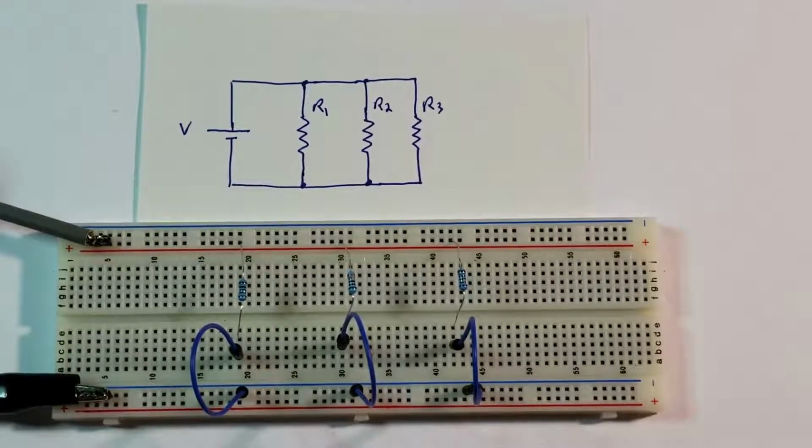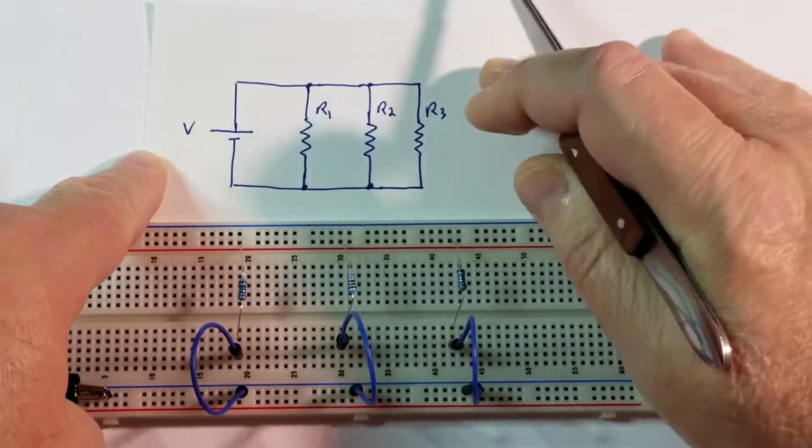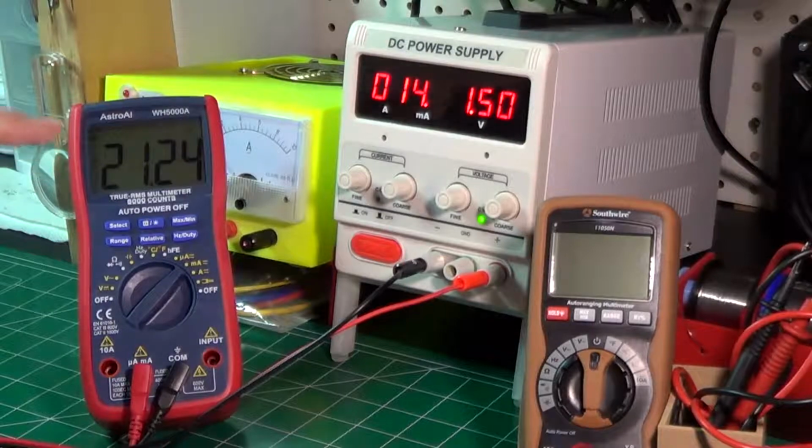So the ammeter basically will sit here, just in series with the power supply. As you can see, we read about 21.2 milliamps. So 21.2 milliamps is the current I that flows through the power supply into the 3 resistors.